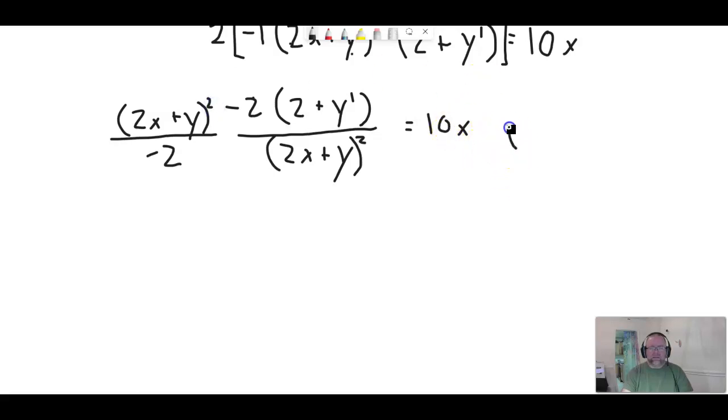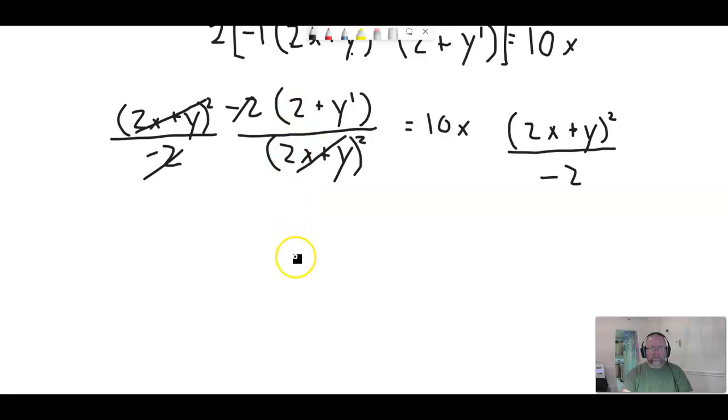So this is going to be 2x plus y quantity squared all over negative 2. And I did that because the negative 2 is going to cancel out with this negative 2. The 2x plus y quantity squared is going to cancel out with this.